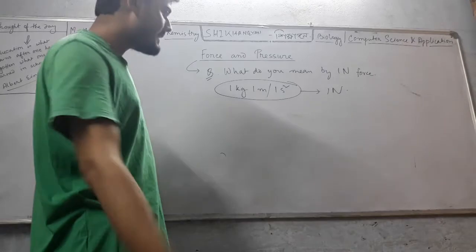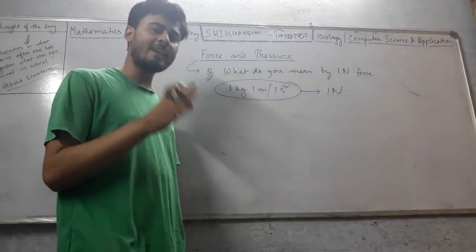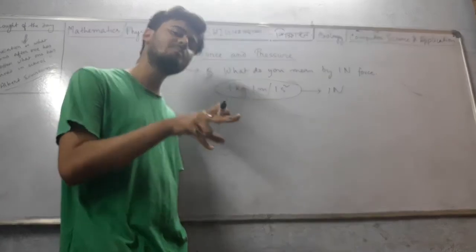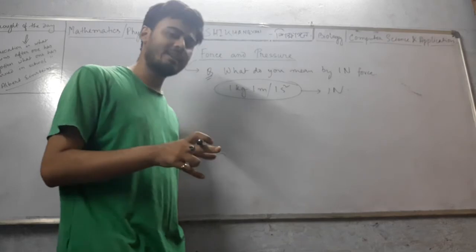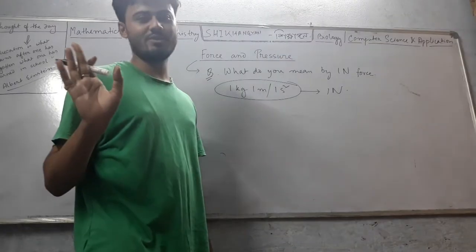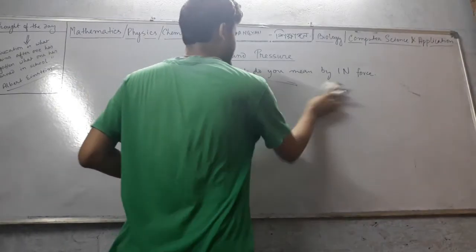This is 1 Newton, right? So you have to write like this: the force which produces an acceleration of 1 meter per second square on a body of mass 1 kg is known as 1 Newton force. Okay? So let's just write the answer.